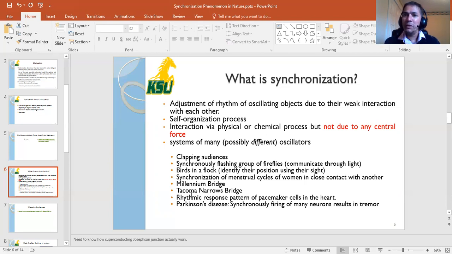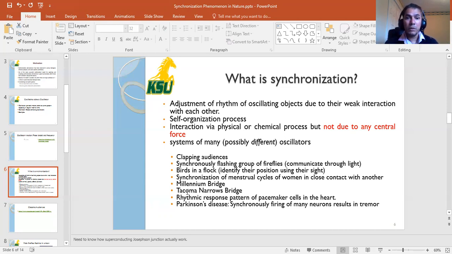So that is also a good example of the failure caused by synchronization. And the Tacoma Narrows Bridge, if you have not heard of it, then just Google it. That is also something interesting based on a synchronization event.